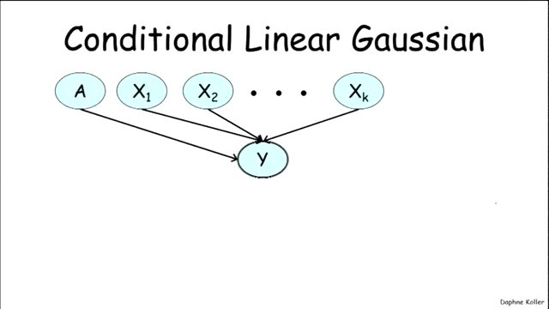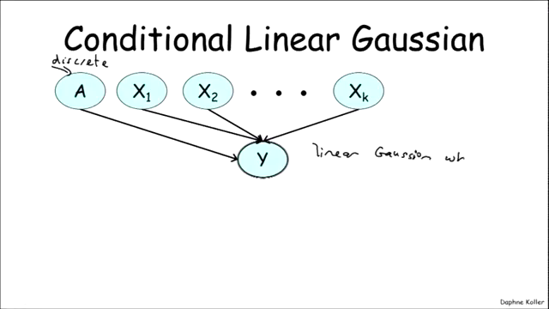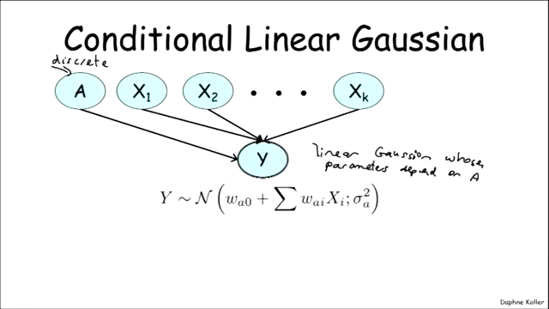Conditional linear Gaussian introduces into the mix the possibility of one or more discrete parents. In this case, we just drew one for simplicity, but you could have more than one. And this is just a linear Gaussian whose parameters can depend on the value of A. So, writing it down, it looks exactly like this.